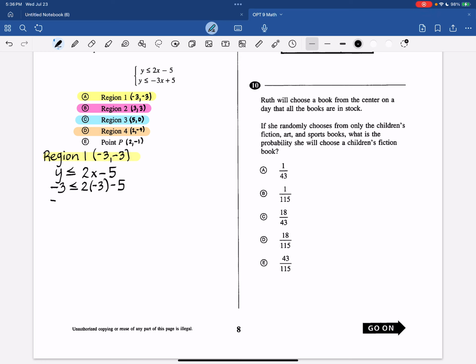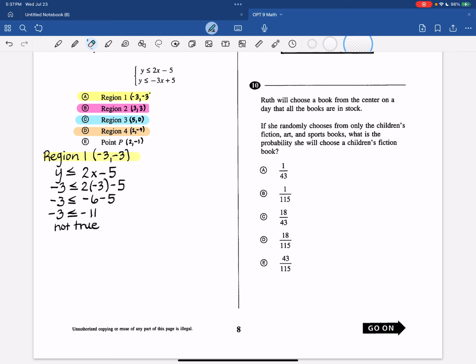So let's simplify. On the right side, I have negative 6 minus 5. And this says negative 3 is less than or equal to negative 11. Is that true? Is negative 3 further in the hole than negative 11? It is not true. So we know that this is not our answer. Region 1 is not the answer.